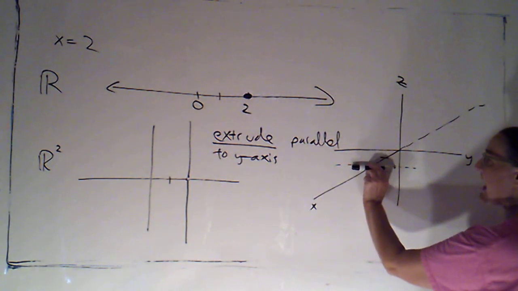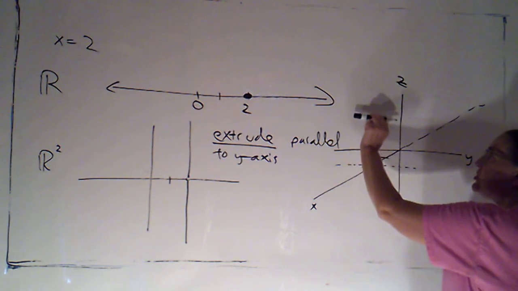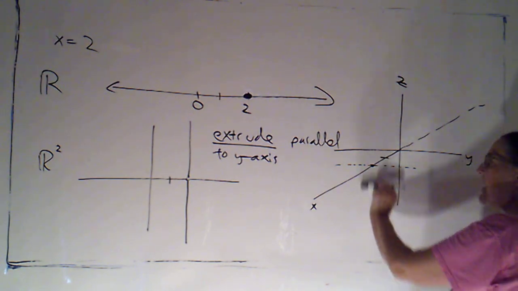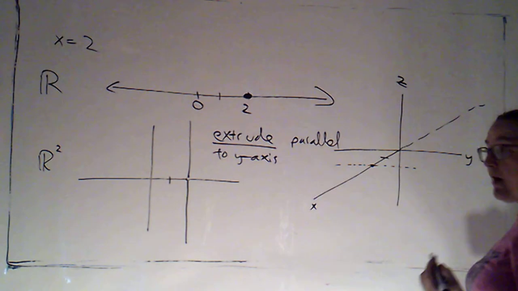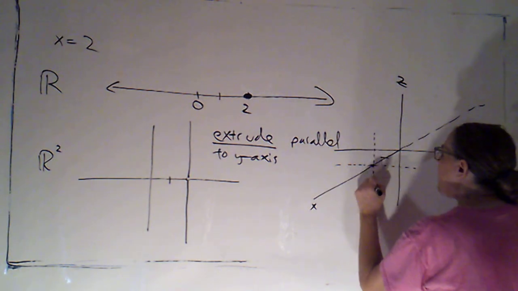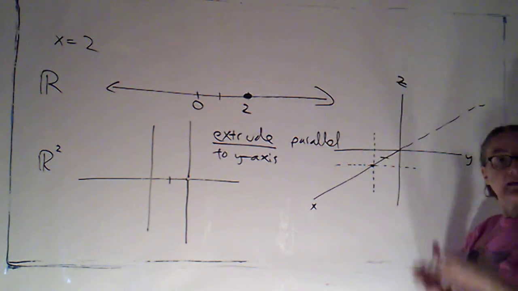So I can take any point on this line, and I can extrude parallel to the z-axis. So I can translate this vertically up and down. Now, to show that, I'm going to just draw a dotted line through there. But basically what I'm getting then is a plane.